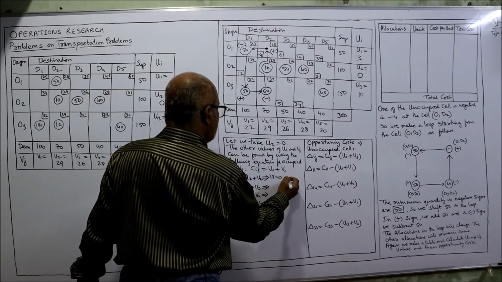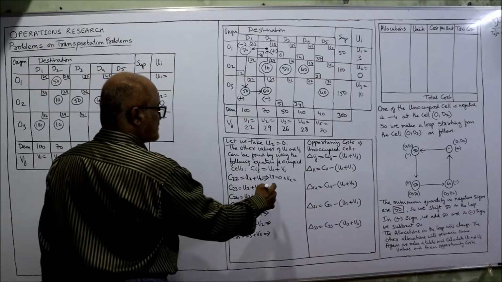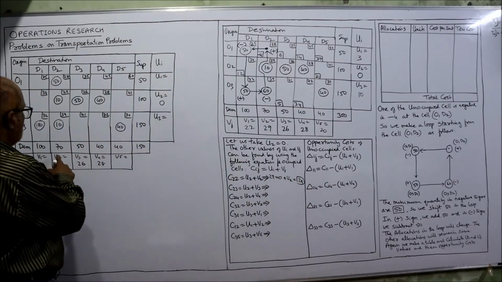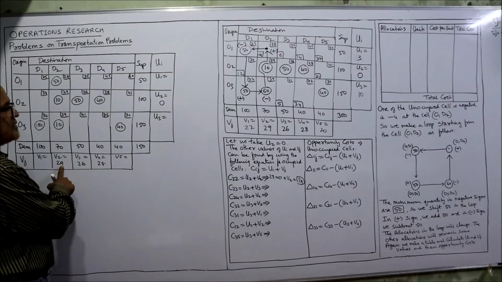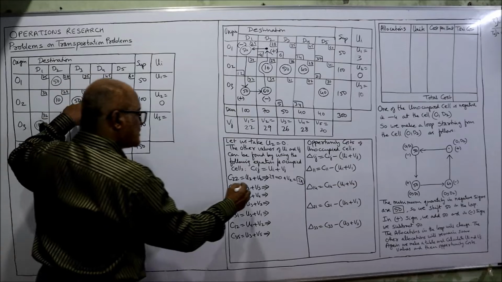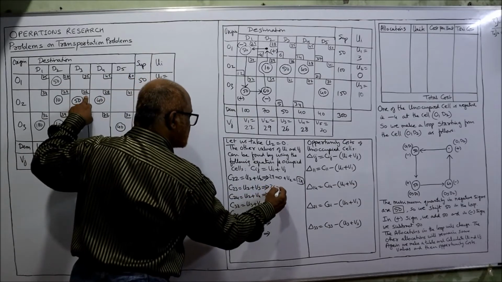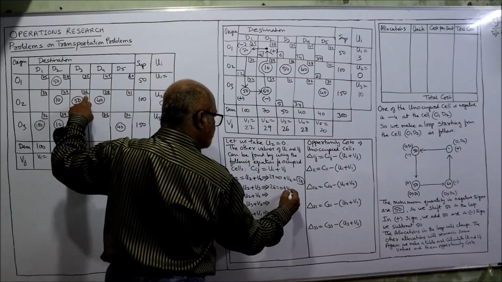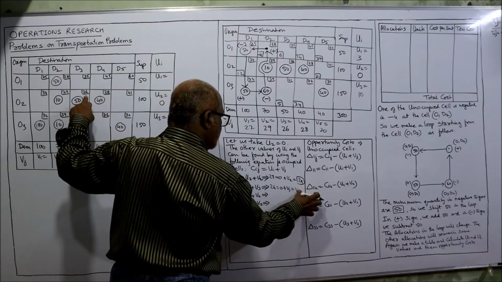So V2 is equal to 29. Already we got V2 equal to 29. Similarly for 2, 3, how much is the Cij? 26. So C23, 26, is equal to U2, which is 0, plus V3. So V3 is equal to 26 we got.